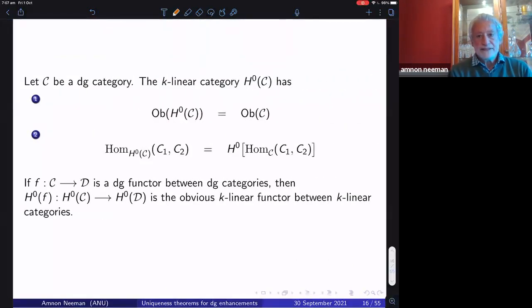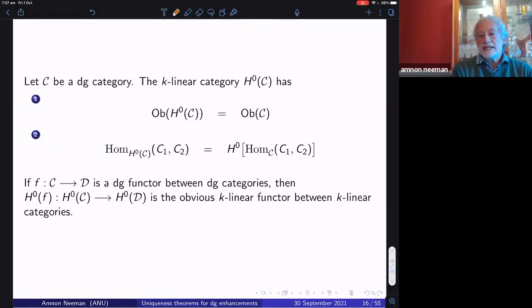And given a DG category, you can always form the category H naught of C. So the objects are the same, but hom in H naught of C from C1 to C2 is H naught of the cochain complex hom C1, C2.